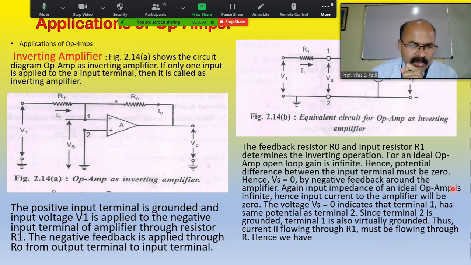Just here shown, the output was connected back to the input, and that input is the negative input, and the positive terminal is grounded. Terminal 2 is grounded. Here the input voltage is V1.